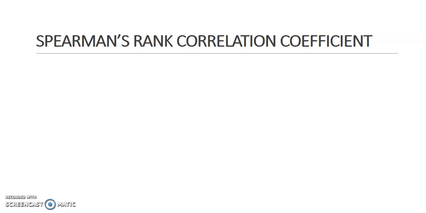Okay, hello guys. In this video, we are going to look at Spearman's rank correlation coefficient. So this is the second method to compute the value of correlation coefficient instead of by using Pearson's product moment formula.